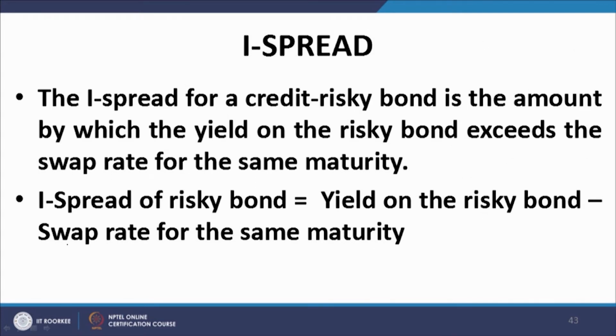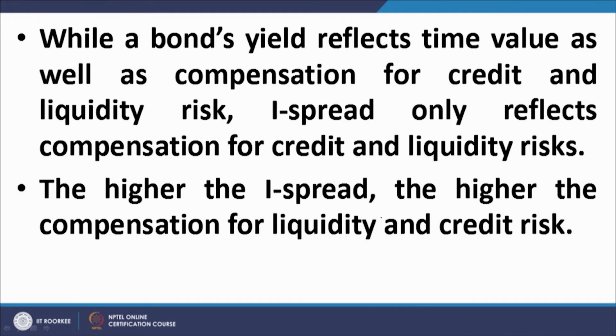This particular part that we have here, the swap rate for the same maturity, this eliminates what risk? This eliminates the time value risk, and therefore, when you remove this risk from the yield of the risky bond, the I spread of the risky bond is a measure of the credit and liquidity risk alone, not of the time value. The time value is eliminated either by the government treasury rate or the swap rate.